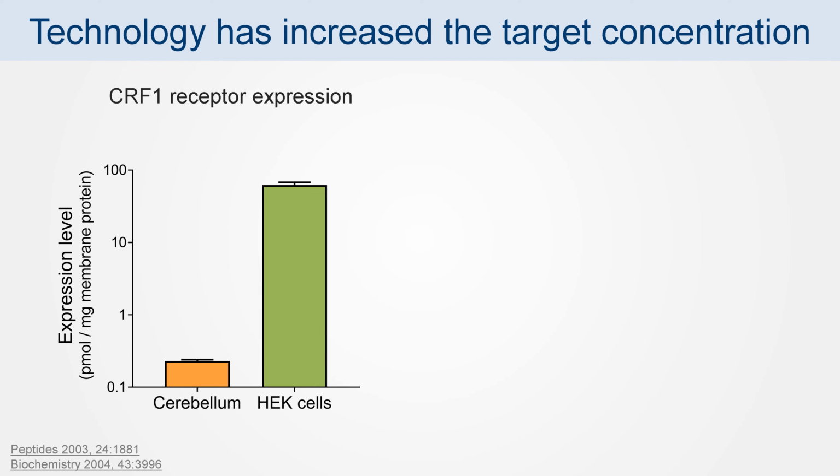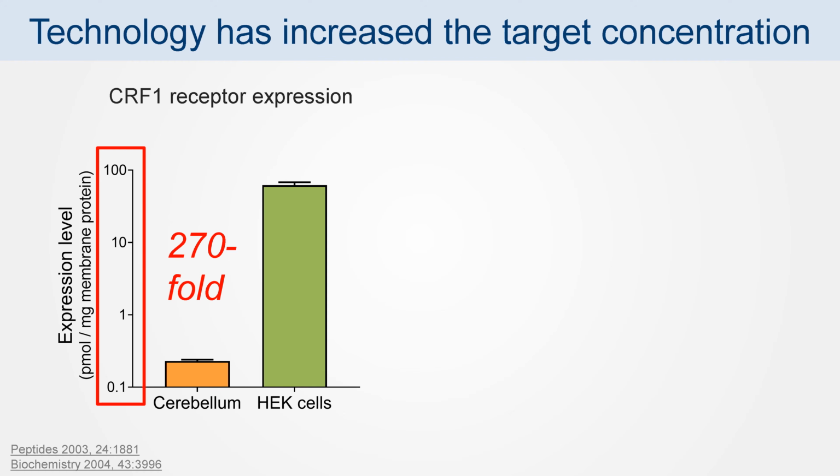In this experiment here, we measured the expression level of a receptor, the CRF1 receptor. In native tissue, the cerebellum, the level was 0.23 picomoles per mg. In engineered HEK cells, the level was 62 picomoles per mg. This is 270-fold higher. Note this y-axis here is logarithmic.